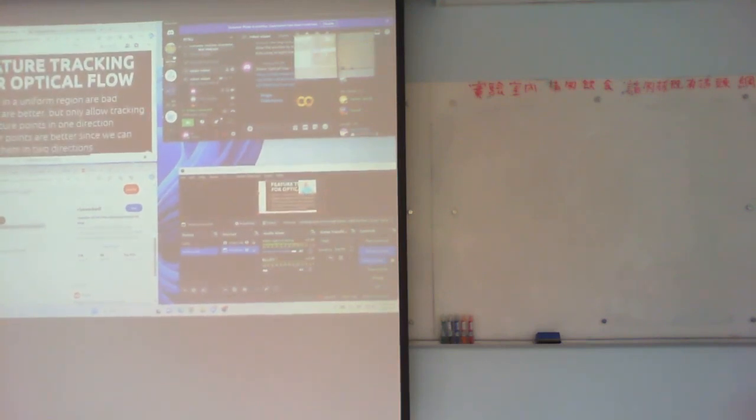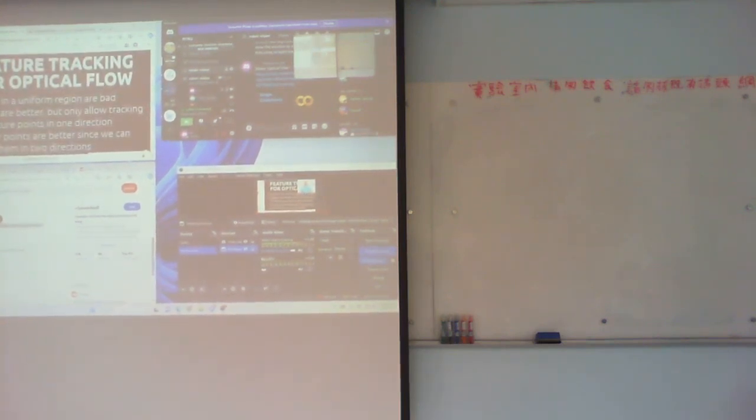On the other hand, looking at any of the white pixels on this floor would not be a good feature point. Right? It'd be very difficult to track white points on the white floor. Edges are better, but they only allow us to track points with respect to one direction.